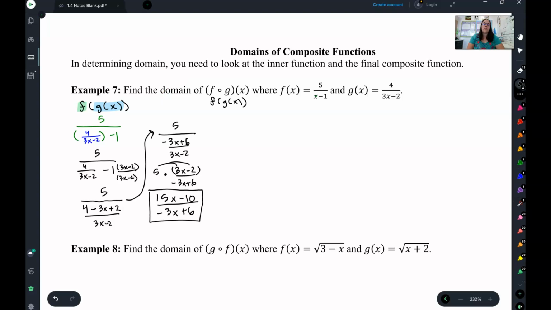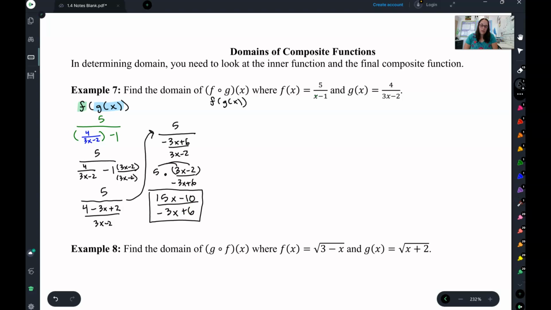So here's the tricky part. Anytime we talk about domain of composed functions, we can't just look at the domain of the answer. We also need to look at the domain of what I plugged in. Because if I can't plug it into here, then I definitely can't plug it into the final answer.